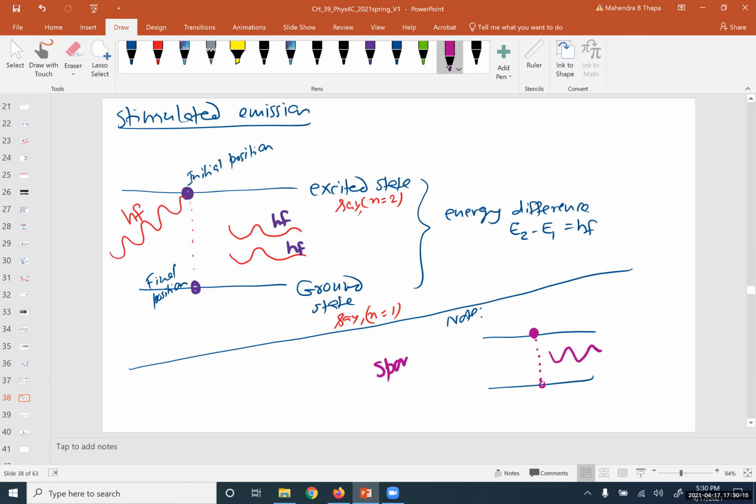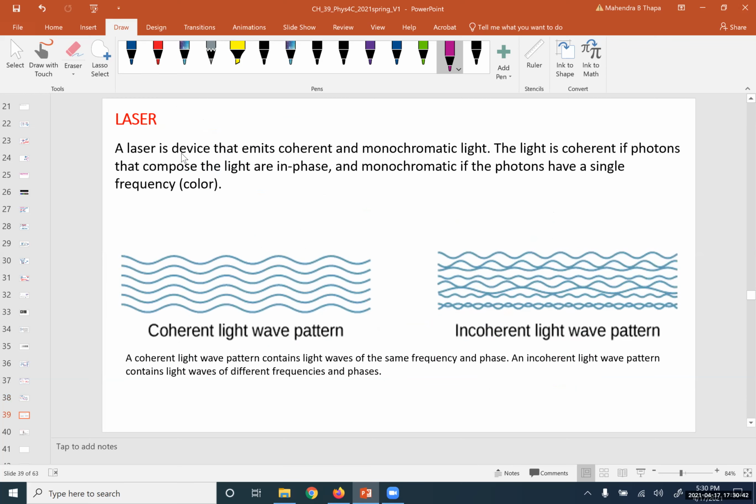Still the energy is hf, but different atoms emit photons of the same energy with a time lag and produce incoherent sources. So this stimulated technique is used in the production of the laser beam.